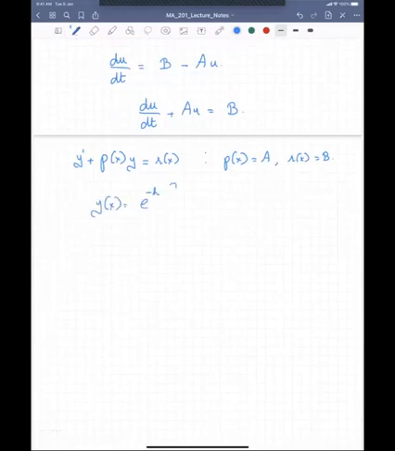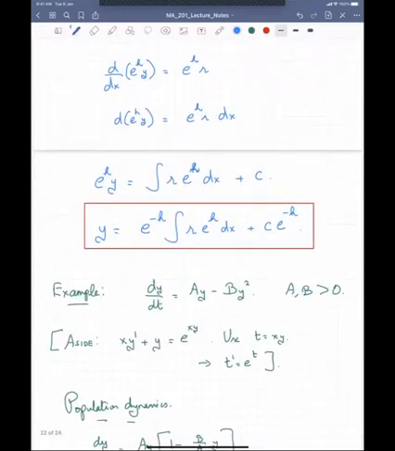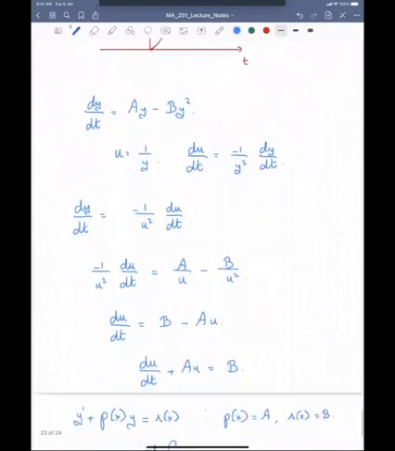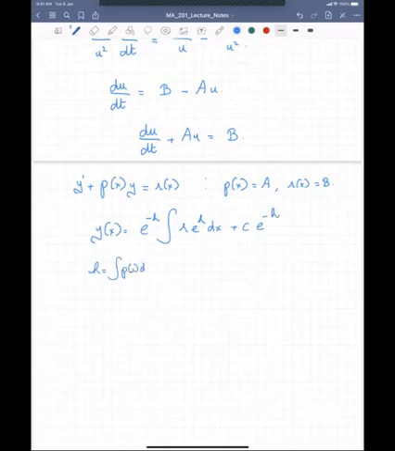Now, since I know the solution for this particular differential equation, y of x equals e to the minus h times the integral of r e to the h dx, plus c e to the minus h, where h is the integral of p of x dx. In this case, p of x is just a, and the variable is t and not x, so h is the integral of a dt, which is just a times t.